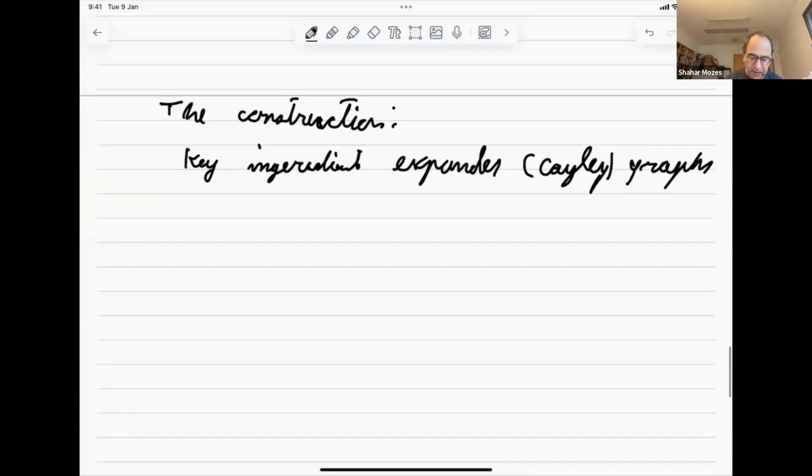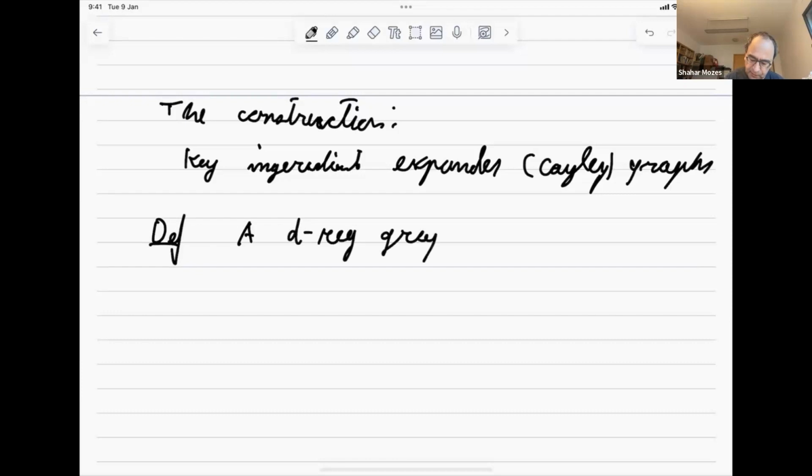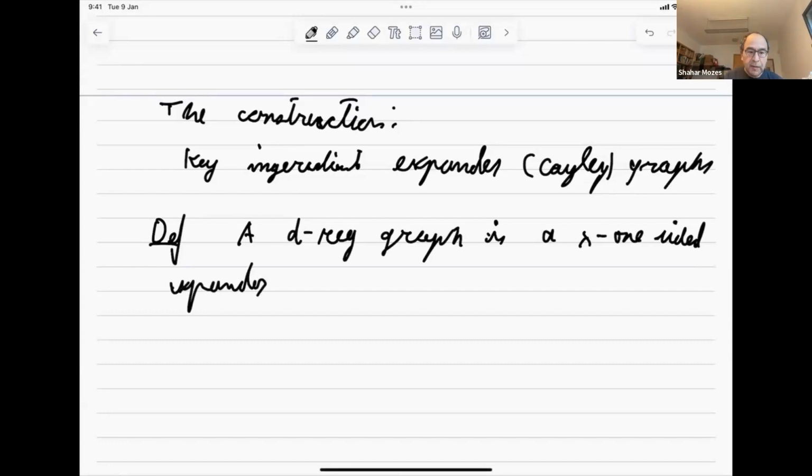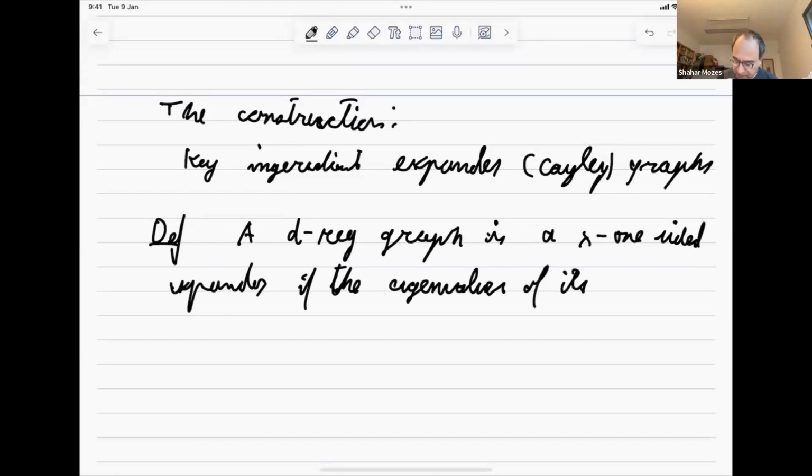So what is an expander? For the definition: if you have a d-regular graph that is a lambda expander, or lambda one-sided expander, look at its adjacency matrix and its eigenvalues.